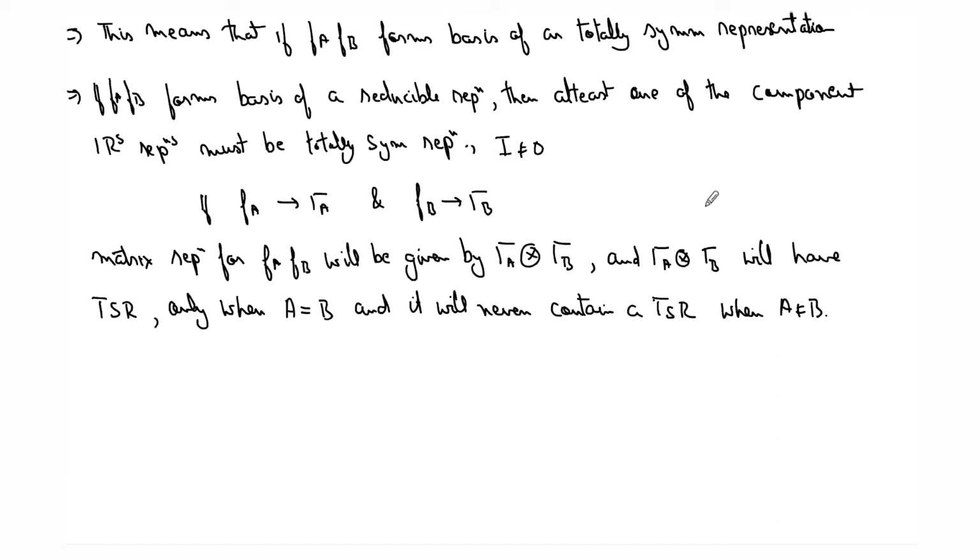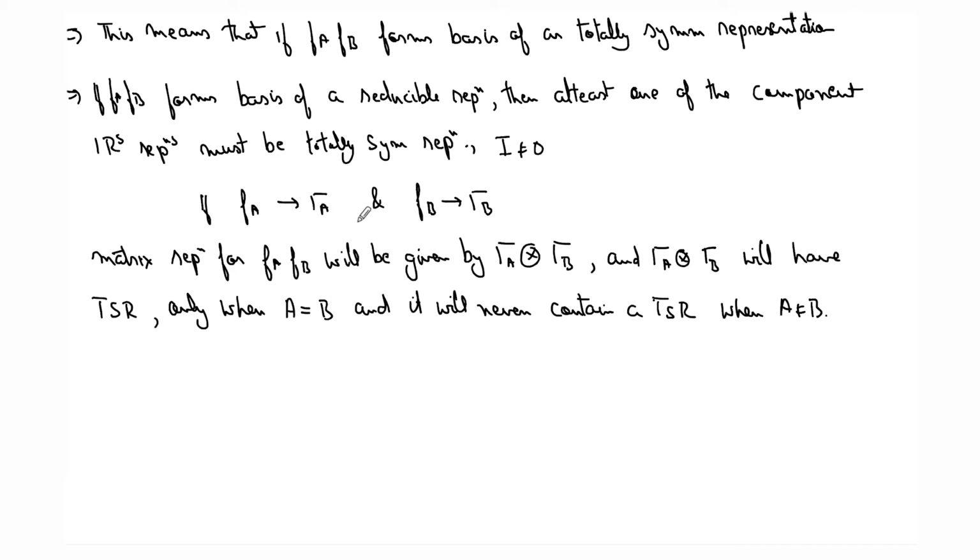So that means direct product of an IR representation with itself will contain totally symmetric representation. So that means FA and FB must form the basis for the same IR representation.